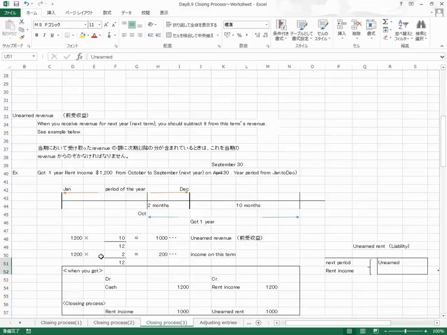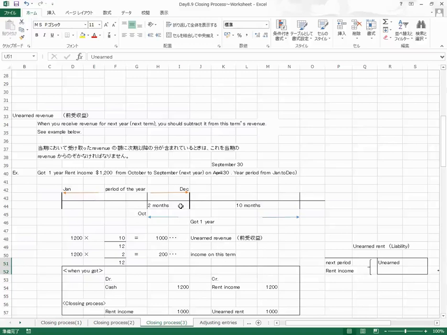Yes, yes. In accounting, it is important to account one period of the year, one period that belongs to this accounting term. So you should calculate income that belongs to only this term.